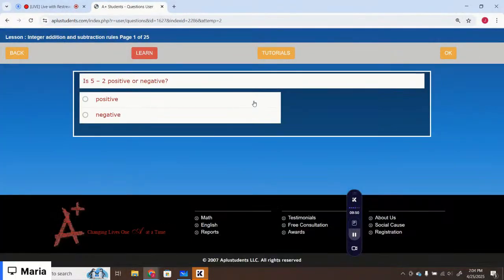Is 5 minus 2 positive or negative? Just look at the greater number. 5 is greater. 5 has a positive sign, so the answer must be positive. Option number 1 is the correct option.